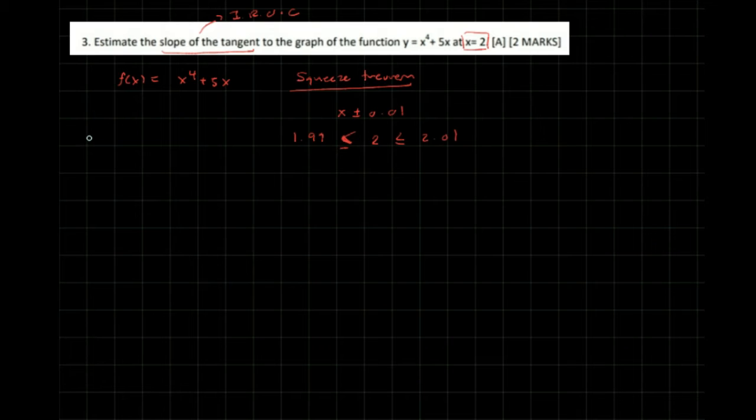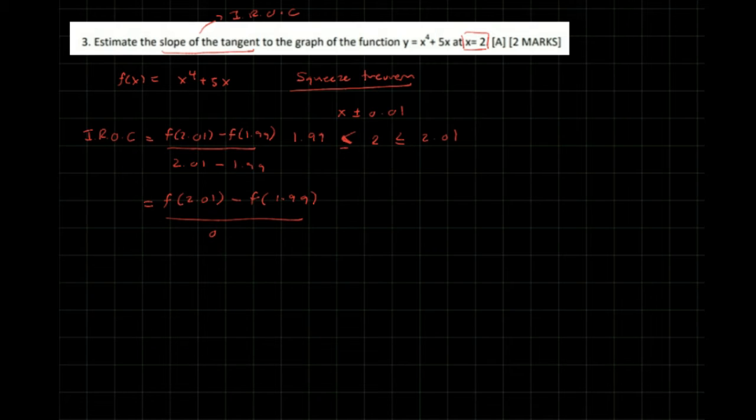So my instantaneous rate of change, or my slope of the tangent at x is equal to 2, is equal to f of 2.01 minus f of 1.99 over 2.01 minus 1.99. And the denominator here should be 0.02. Okay, and this is my instantaneous rate of change. Right, and then I'm going to solve for this.